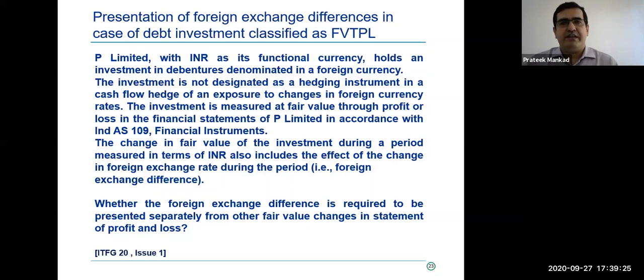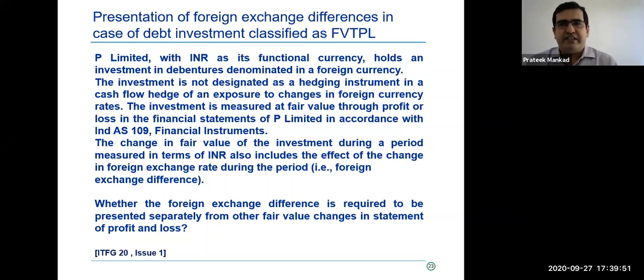That is not a requirement under the standards. You can take the entire movement and show it as a fair value change. So that is what the ITFG has opined, that you don't have to split. You don't split the presentation. Take the entire change in the amounts which they've calculated in terms of INR and show it as a fair value gain or loss. And this one was ITFG 20.